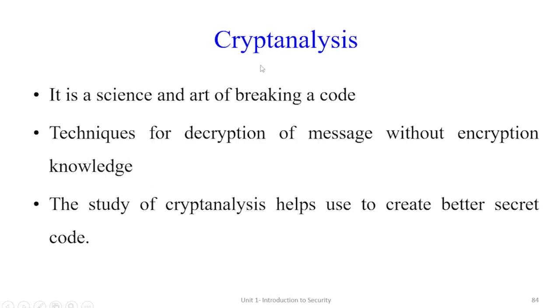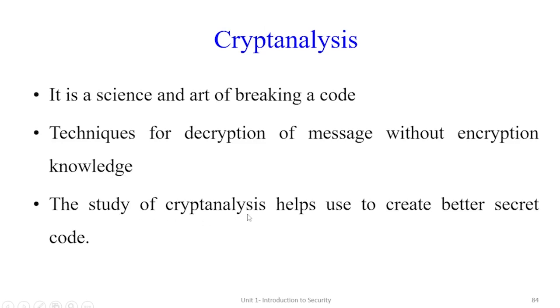The last component of modern cryptography is cryptanalysis. I already told you that cryptanalysis is the science and art of breaking a secret code. There are different techniques available for decryption of a message. Cryptanalysis represents decryption of the secret code without using knowledge of the encryption.